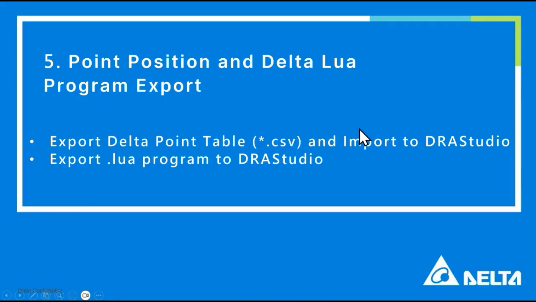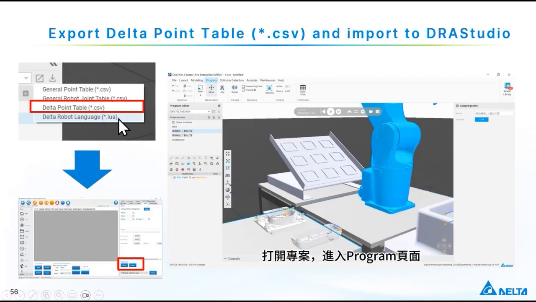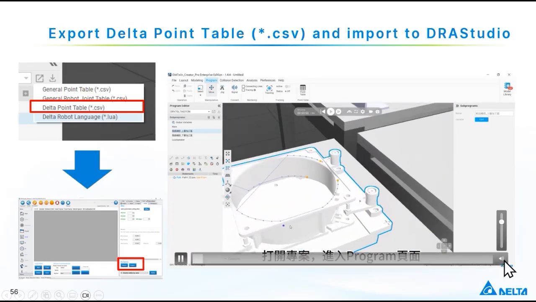Okay, let's go into the final part. After we establish a lot of points and a lot of robot movements, we can export this points table and also the program to our real robot. First, we can use the Delta point table from DIATwin.